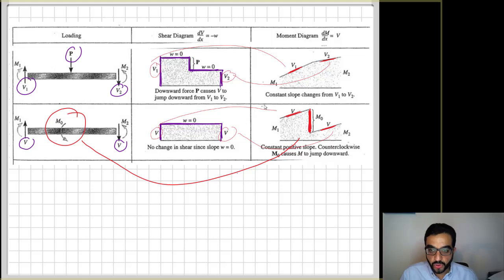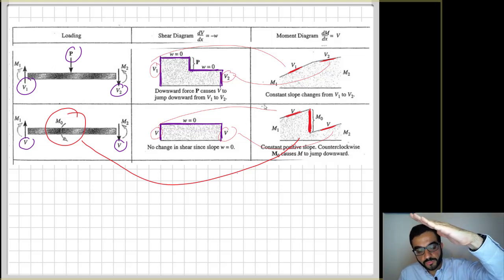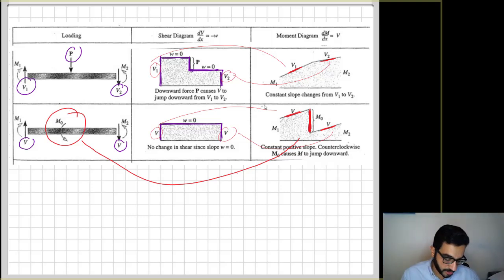And you can see the slope of the moment diagram in the second case here is the same. It's just the same slope of V, because the shear value along this segment of the beam is equal to V. So it's the same slope, but once I hit the moment, I drop, and then I continue with the same positive slope for the rest of the beam.